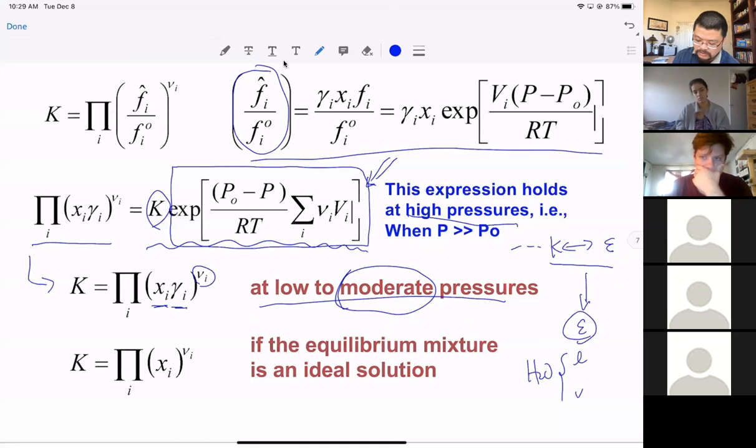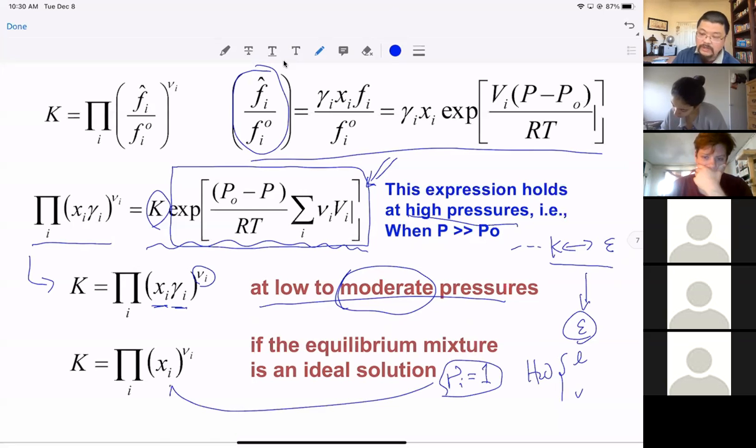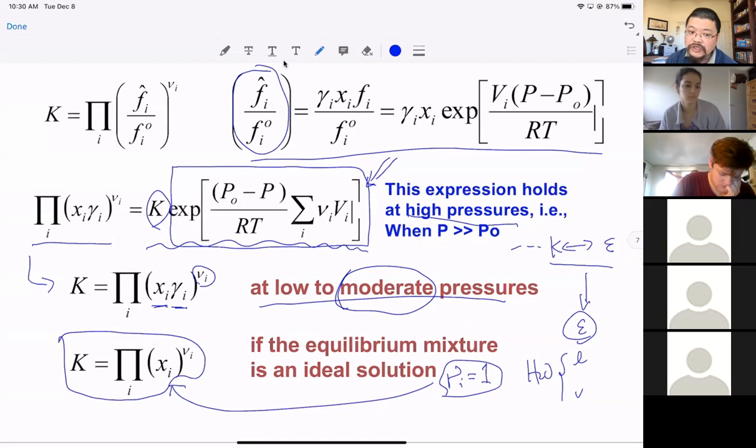If this is an ideal solution, then those activity coefficients would be 1. So there, it's very similar to the moderate pressure for gas phases. So there, I'm going to essentially convert that into the calculation of K and xi.